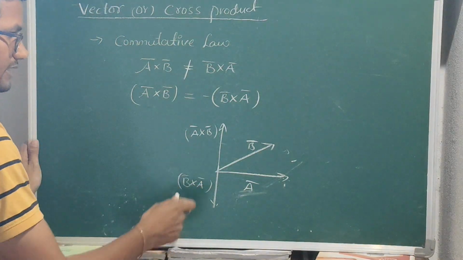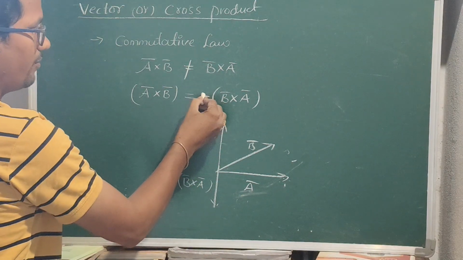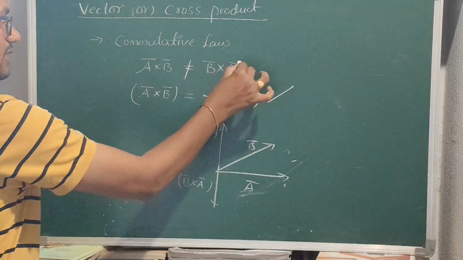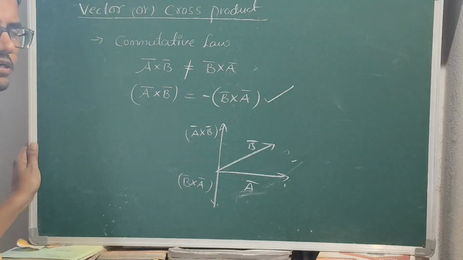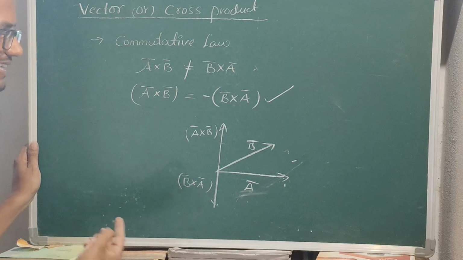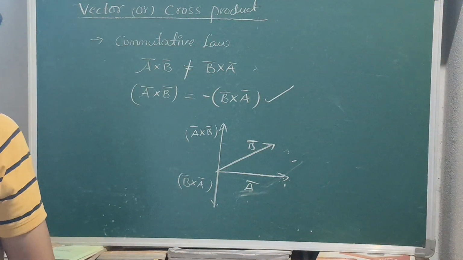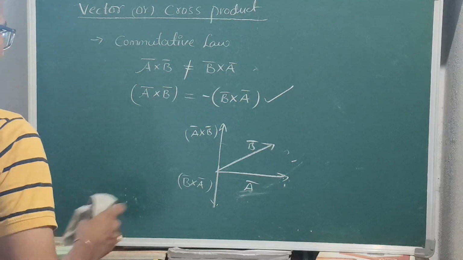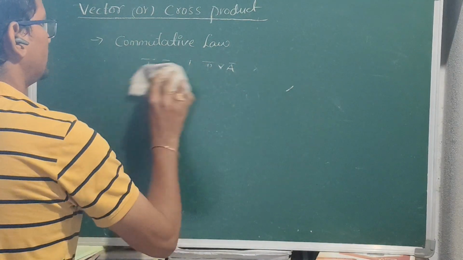Those are in opposite directions. One is upward, another is downward. That way we can place the minus. But they are not equal. That's why A bar cross B bar is not equal to B bar cross A bar. That is the first property. Next we will discuss the distributive property.